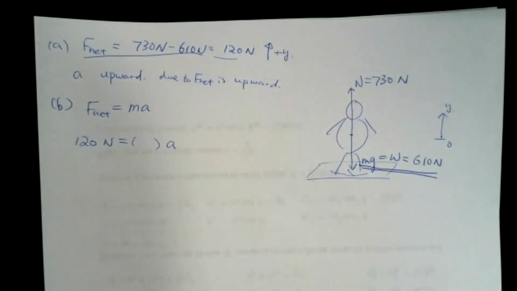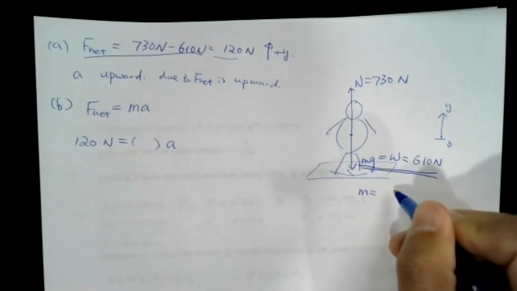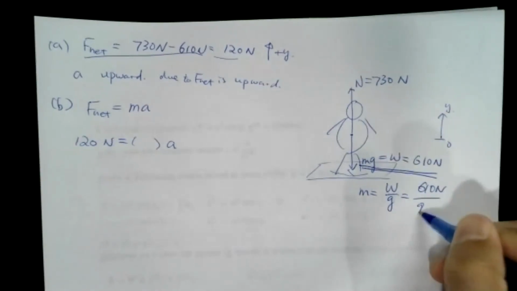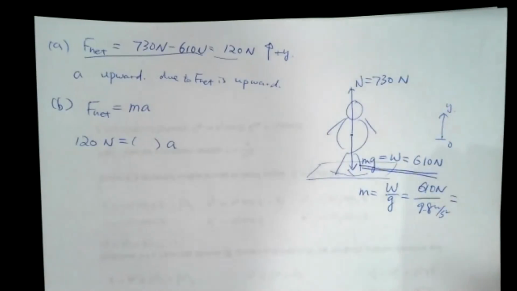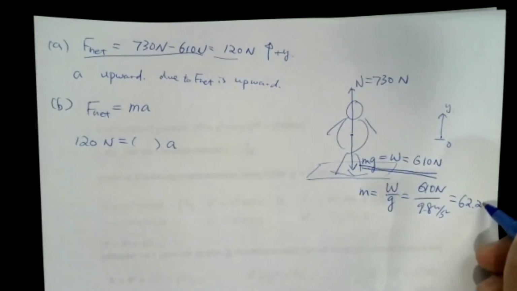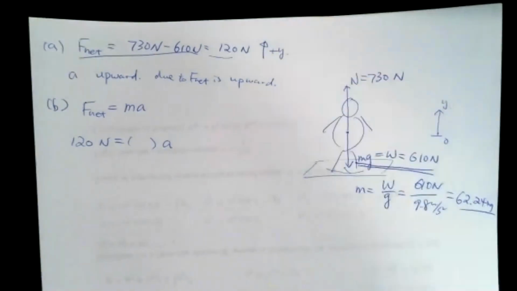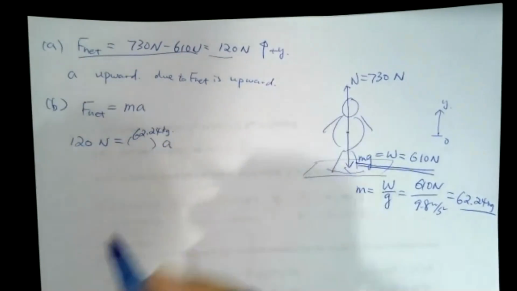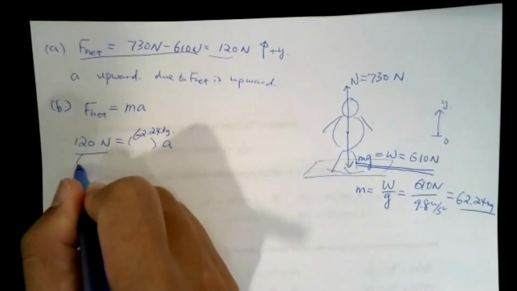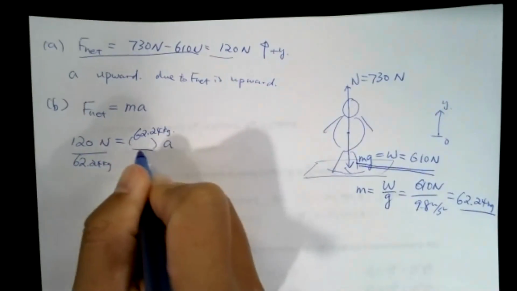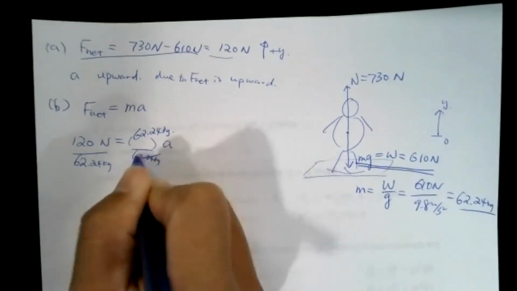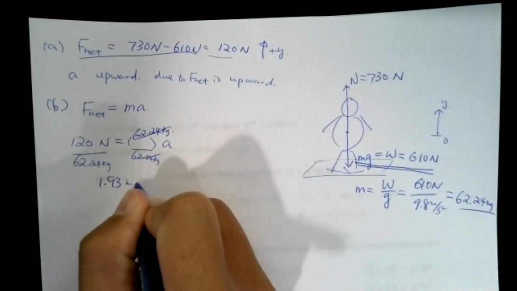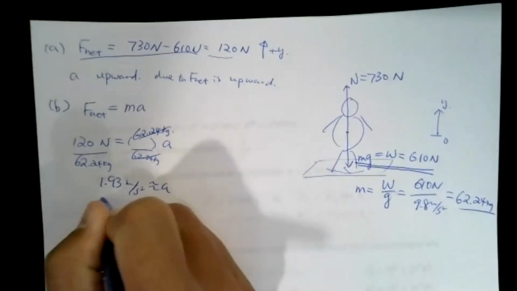So you can solve for your mass, which is equal to weight divided by g, okay? 610 newtons divided by 9.8 meters per second squared. That would be 62.24 kilograms. So 120 newtons equals 62.24 kilograms times a. Then both sides divide by 62.24 kilograms to give you your acceleration, okay? So your acceleration will be 1.93 meters per second squared.